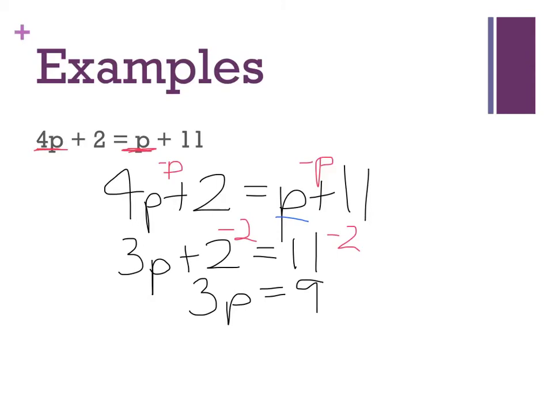If 3P equals 9, what does 1P equal? What's going on here is multiplication. So to get rid of it, I must divide. I'm dividing 3P by 3 in order to find 1P. What I do to one side, I do the same to the other. So my answer becomes P equals 9 divided by 3, which is 3.